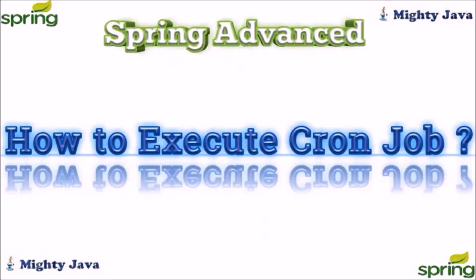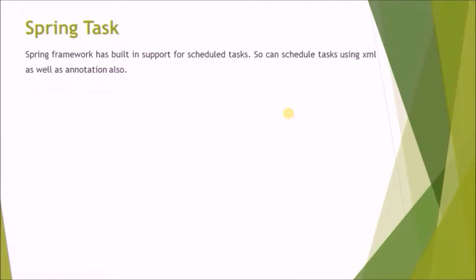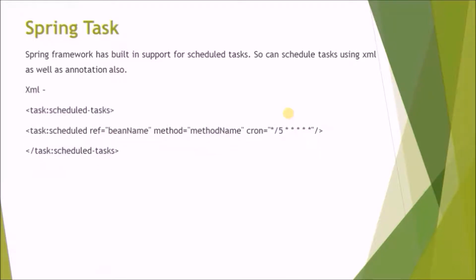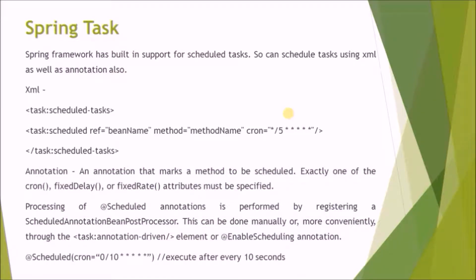In this video, we will see how to execute a cron job, Spring task. Spring Framework has built-in support for scheduled tasks, so we can schedule tasks using XML as well as annotation. Here is the syntax for XML. Annotation: an annotation that marks a method to be scheduled.